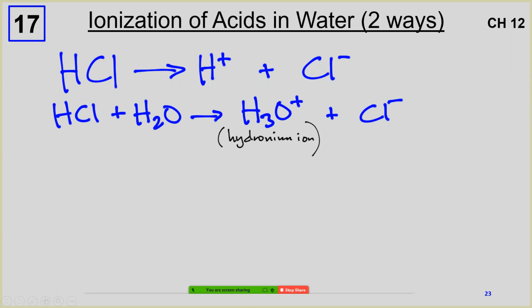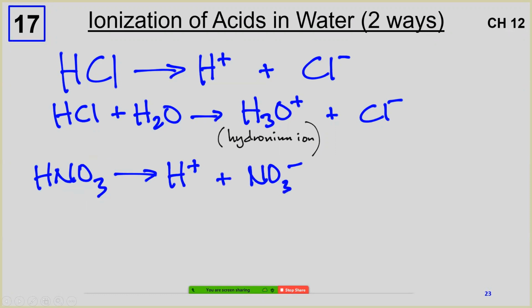And here's another example. We can have, let's say, nitric acid, HNO3. When this gets ionized in water, it releases a hydrogen ion and the nitrate ion, NO3 with a negative charge. Okay, so that's one way.